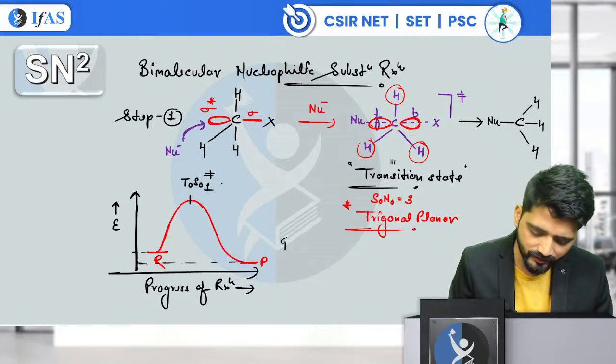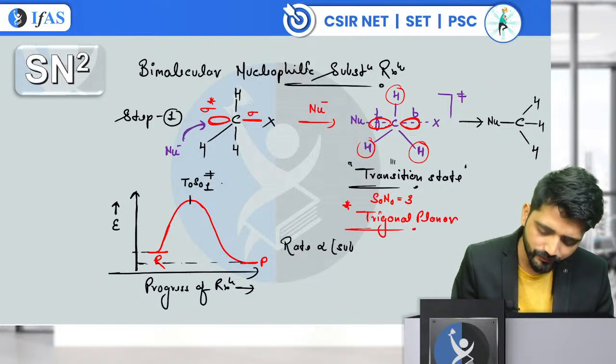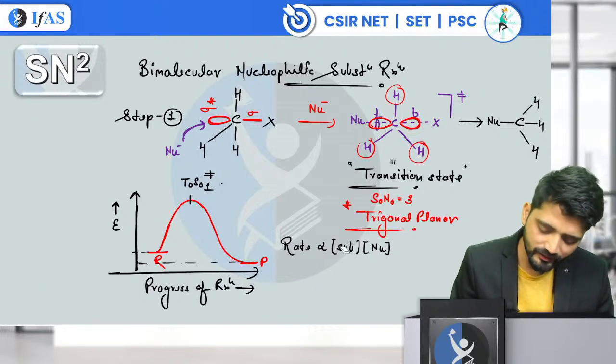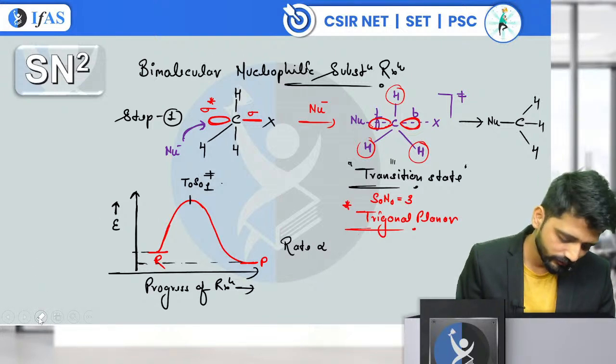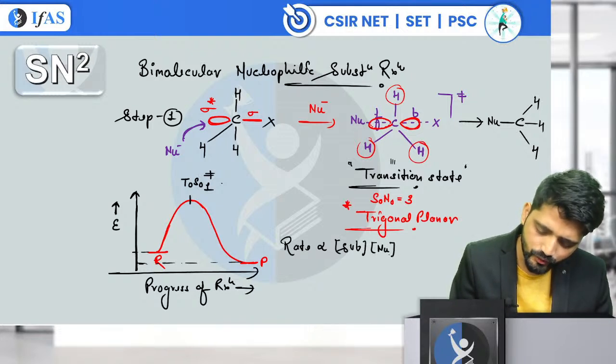If we want to write the rate expression, rate is directly proportional to the concentration of substrate and the concentration of nucleophile also. Since we have only a single step, in which both of them are involved, it will be directly proportional to substrate and to nucleophile.